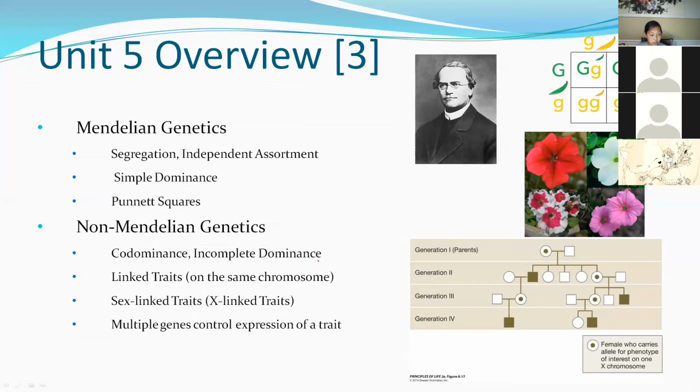Then there's linked traits. Like I was talking about before, the black hair, brown eyes thing, those are linked. I don't have a picture here, but on chromosomes, when they cross over, actually I'll go back to the past slide.